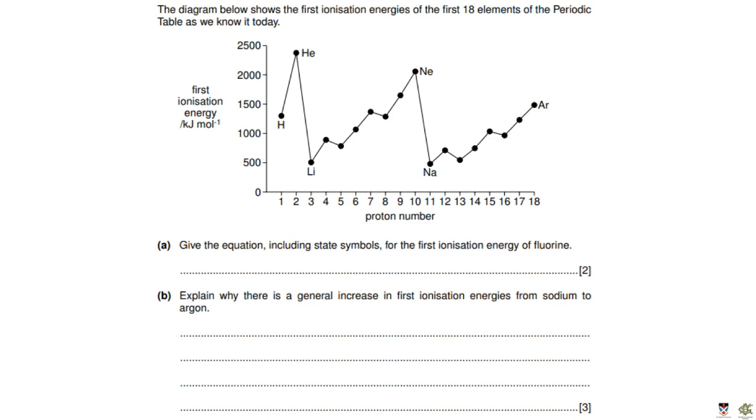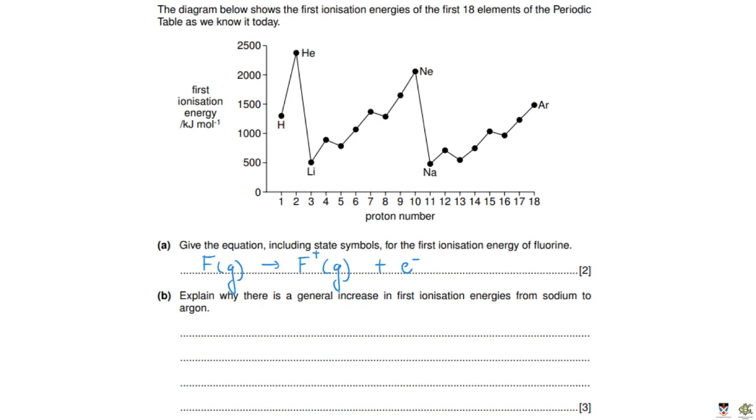For the first ionization energy, we still start with a neutral atom. So we'll start with fluorine atoms in the gas phase. After removing 1 electron, we will have a fluorine ion with a 1 plus charge. Ions will also be in the gas phase, and you have to show that we have removed 1 electron.